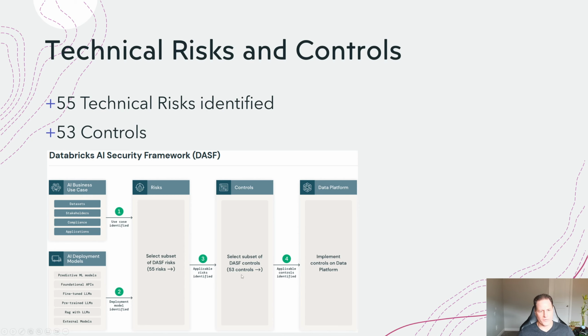And then the controls are great because they have overlap between the different risks. You can really proactively handle forthcoming situations, and also make sure that you have defense in depth for your MLOps practice.